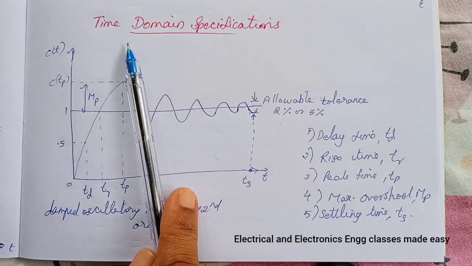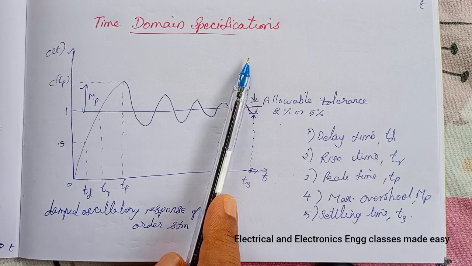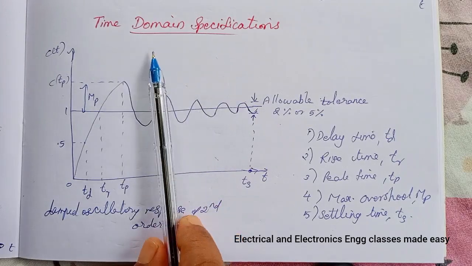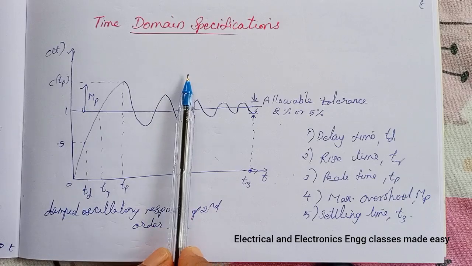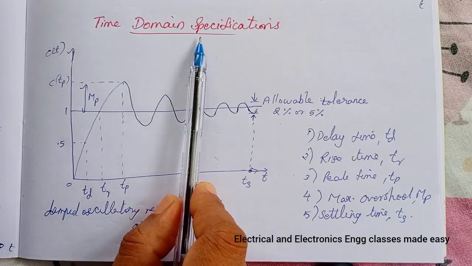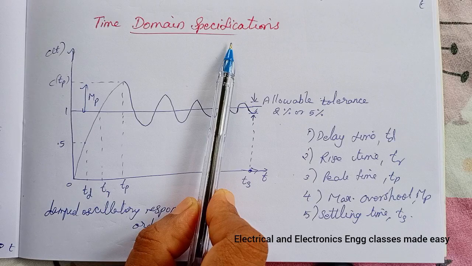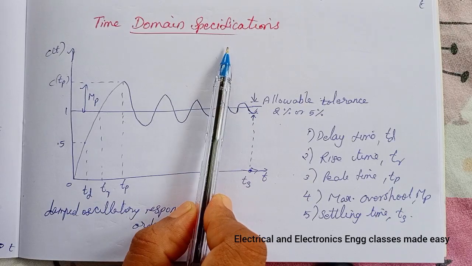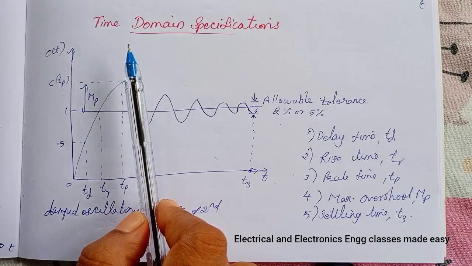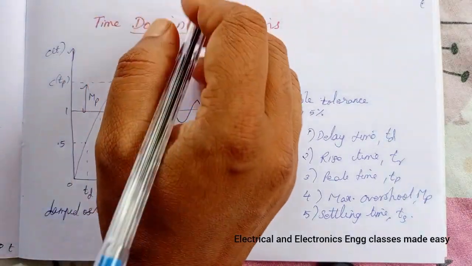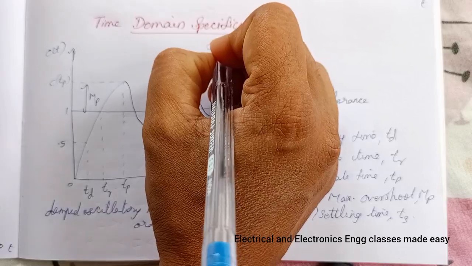Let us find what the time domain specifications are. The desired performance characteristics of control systems are specified in terms of time domain specifications, and these can be specified in terms of the transient response to a unit step input signal.